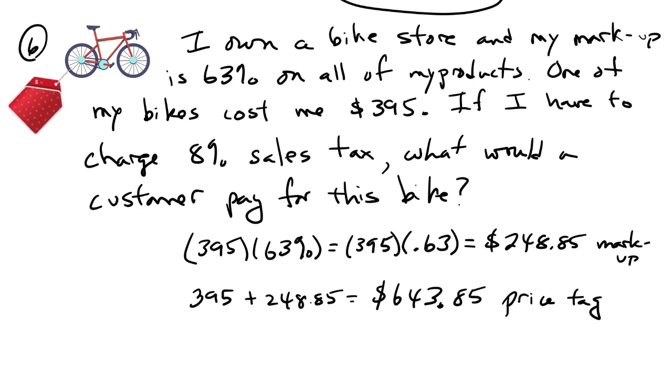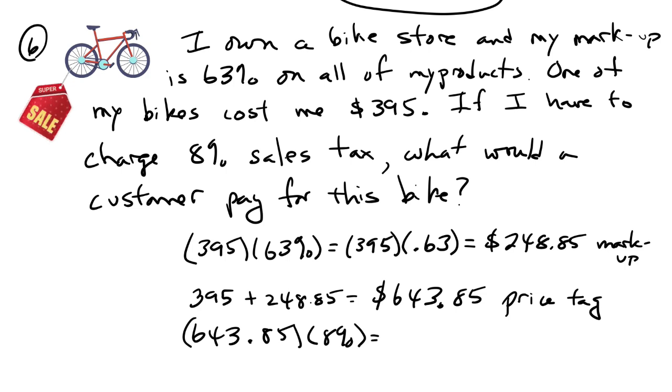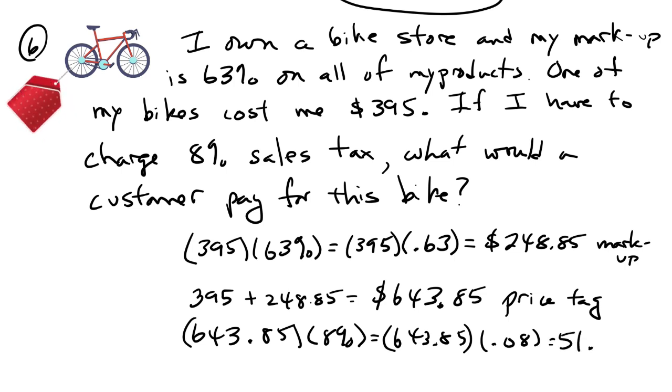A customer comes in and wants to buy it, so 643.85 times the sales tax rate of 8%, we get 643.85. 8% as a decimal moves 2 places, it becomes 0.08, and this becomes 51.508. That means that this gets rounded to $51.51. This is the sales tax.